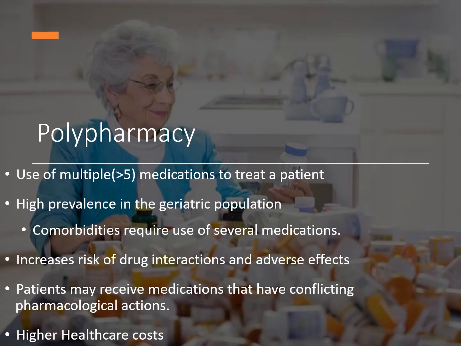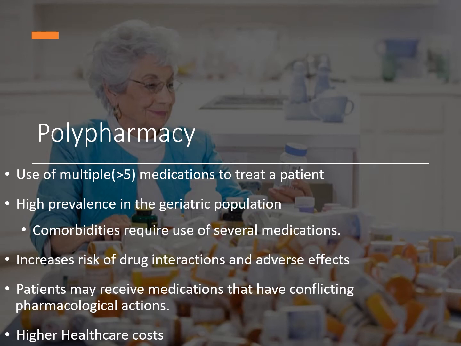So as we get older, we develop more and more conditions, and some of us develop more conditions than others as we get into our 60s and 70s and 80s and 90s. So we develop different conditions in different parts of the body that may require multiple medications.